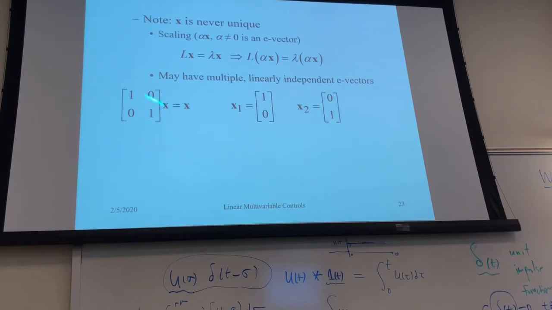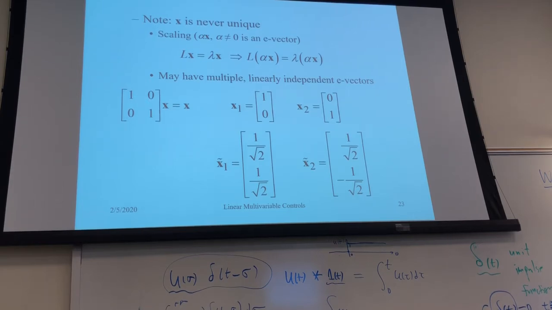If you take (0, 1), it is also true. These are linearly independent. So although you have multiplicity here, that's nice.